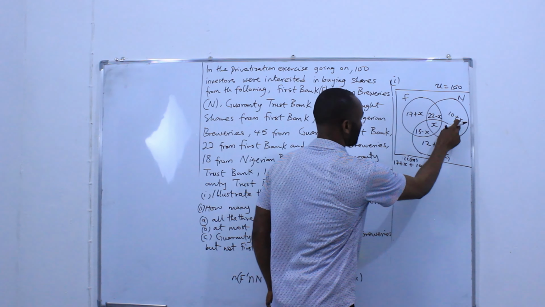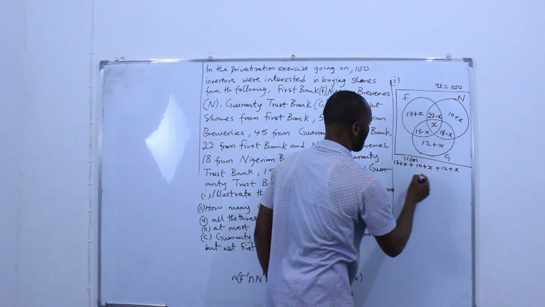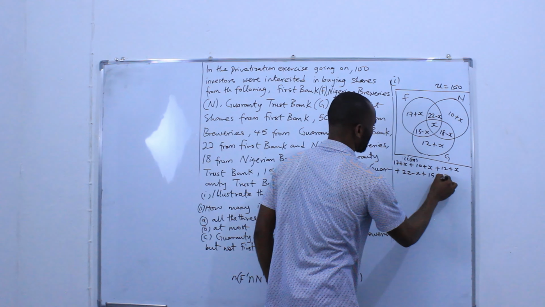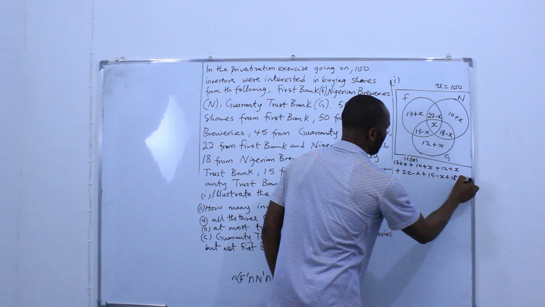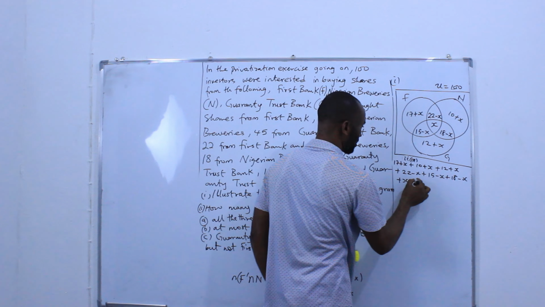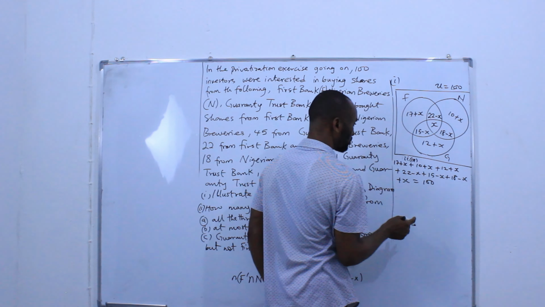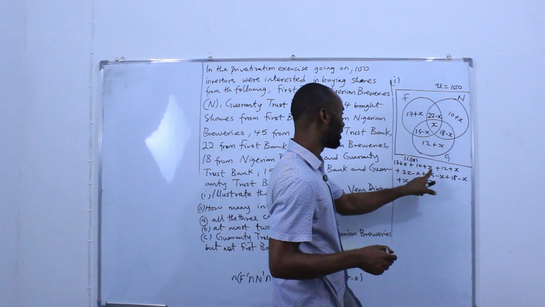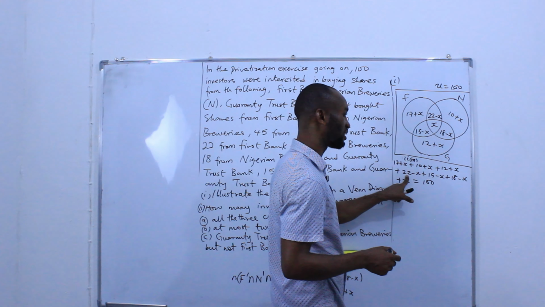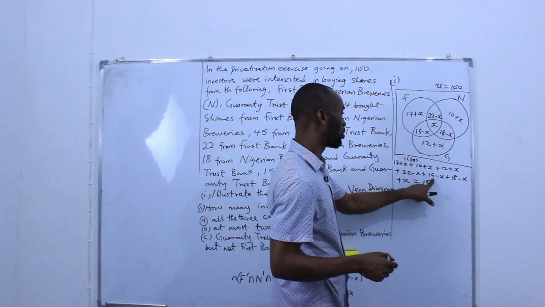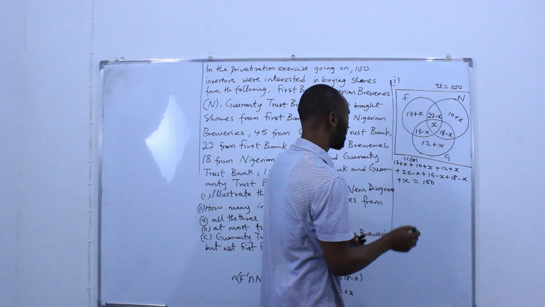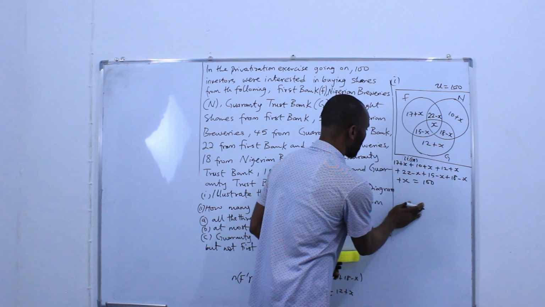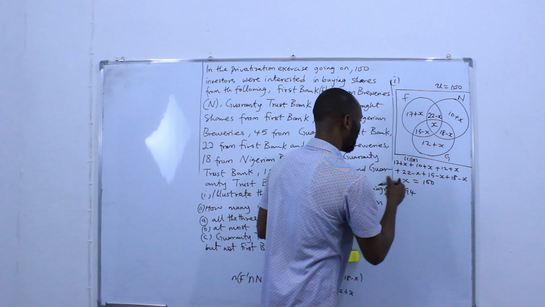Okay, this plus 12 plus x plus 22 minus x plus 15 minus x plus 18 minus x, and finally we take that plus x. Everything will be equated to 100. Okay, let's add up. We have 17 plus 10 is 27, 39, 61, 76, 76 plus 18 we have 94.